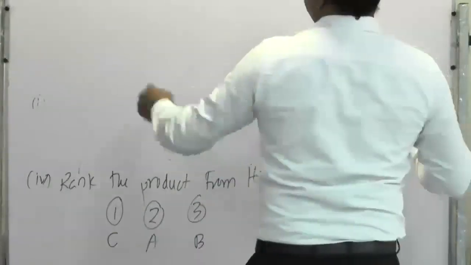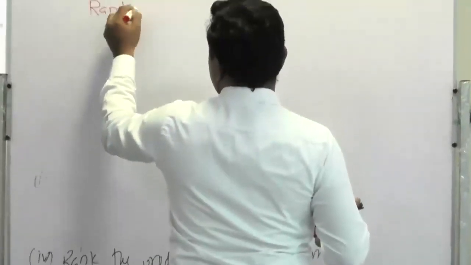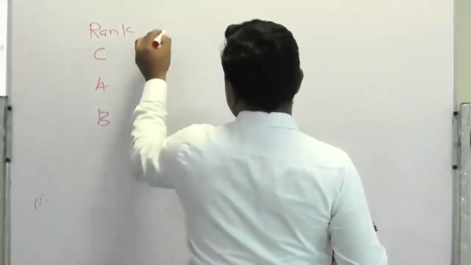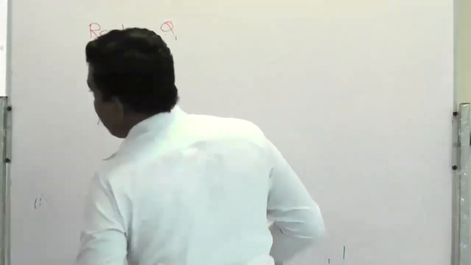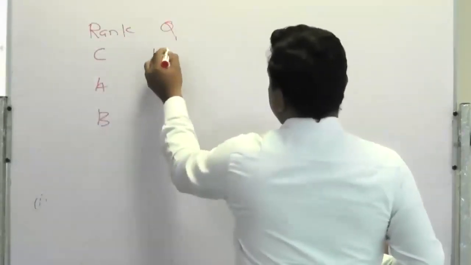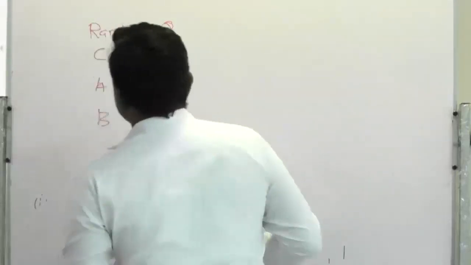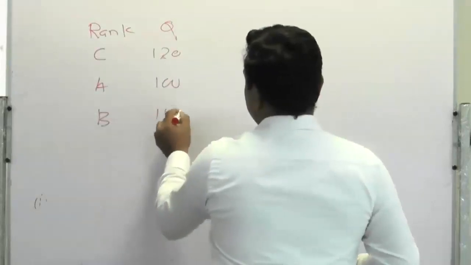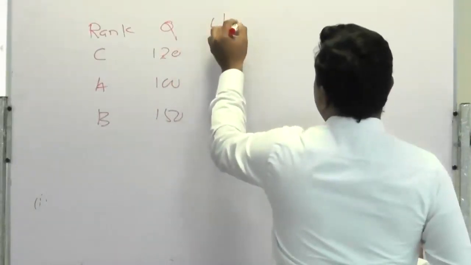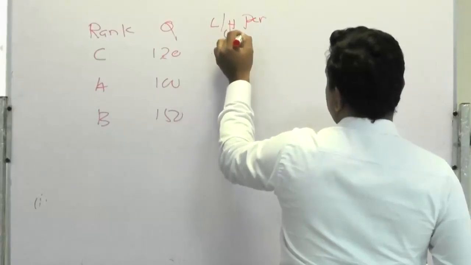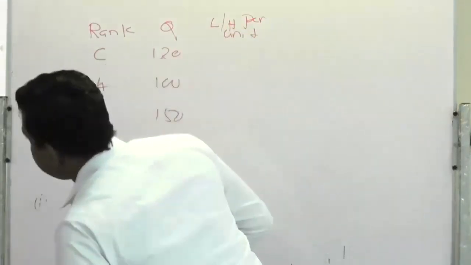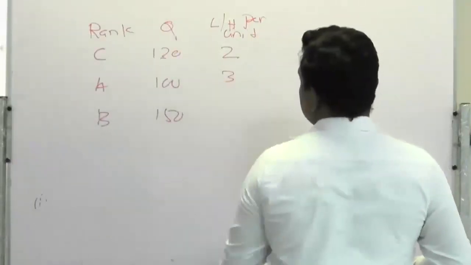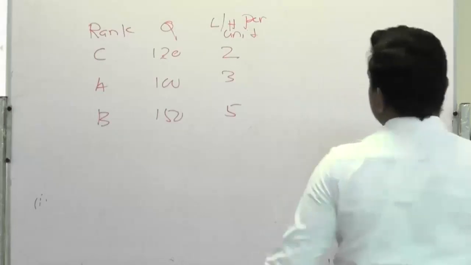Now you know your rank for product C, A and B. The quantity you can produce from C is 120, from A 100, and from B 150. Labor hour per unit: C will take 2 labor hours, A will take 3 labor hours, B will take 5 labor hours.